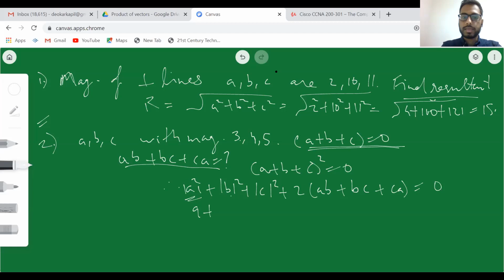B is given as 4, so this would be 16. Magnitude of C is 5, so this is 25. Plus 2 times of this term, a dot b, b dot c, c dot a. So that is equal to 25 plus 16 plus 9, 50. Take on other side, minus 50 and divide by 2, so minus 25. So this answer is equal to minus 25.